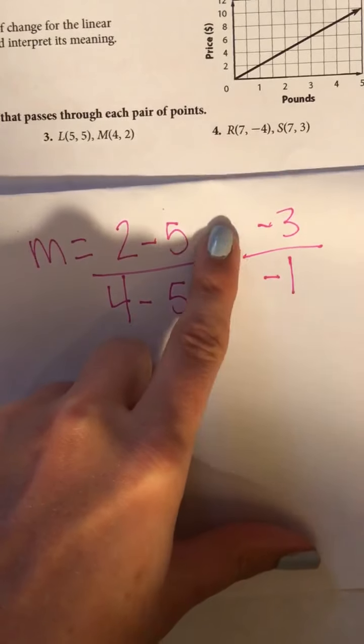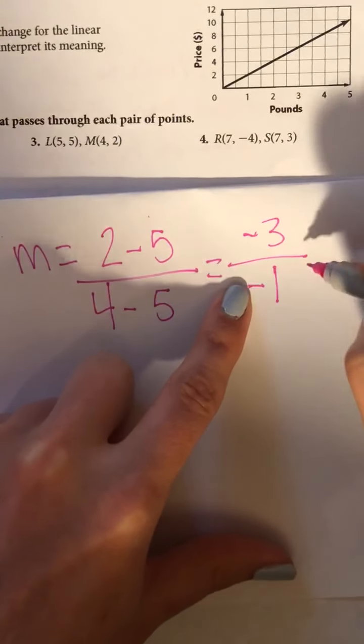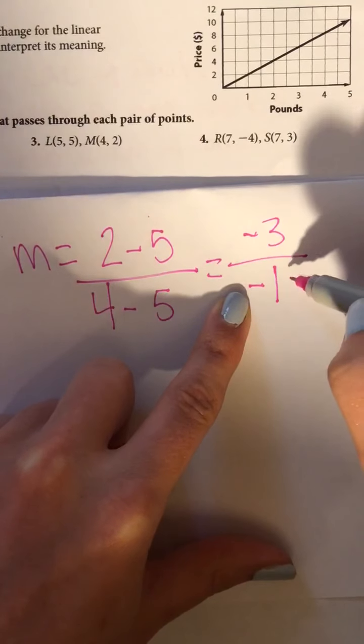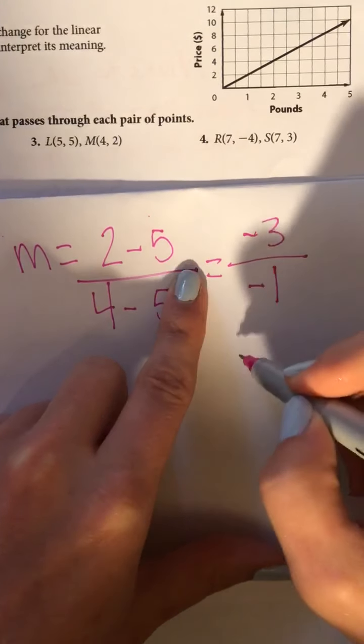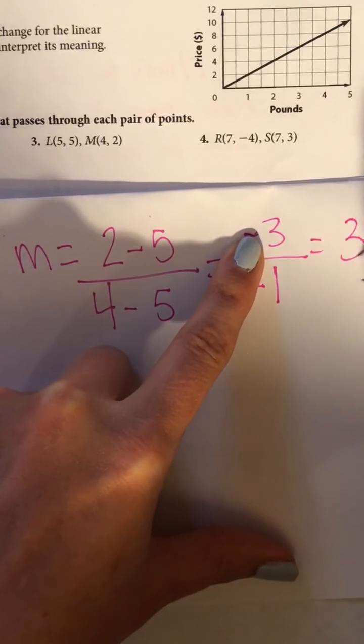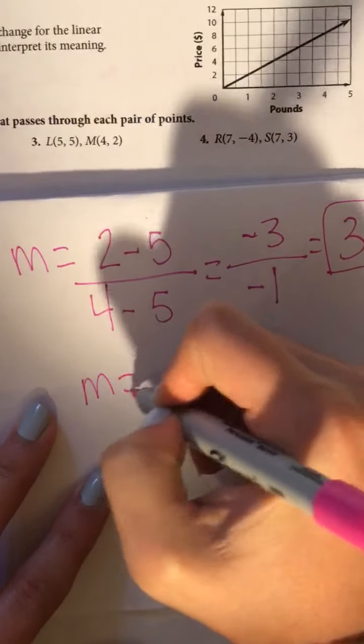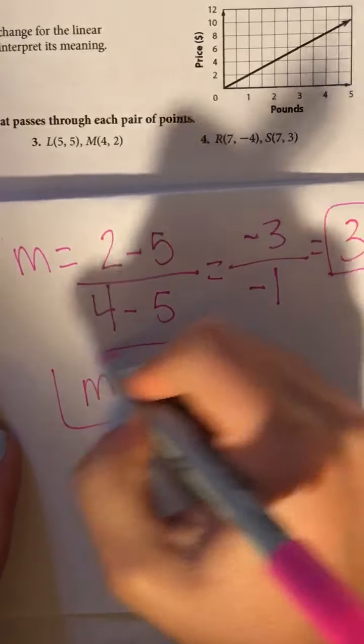If I divide both of them by -1, I will get a positive answer. So -3 divided by -1 is 3, and -1 divided by -1 cancels out. So my answer would just be 3. So my slope, my m, equals 3.